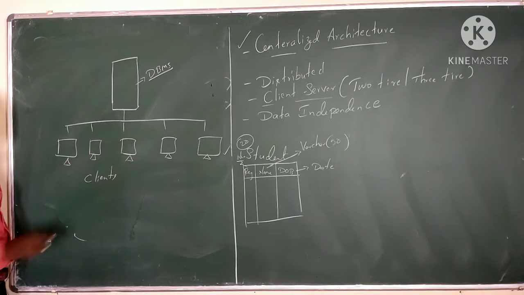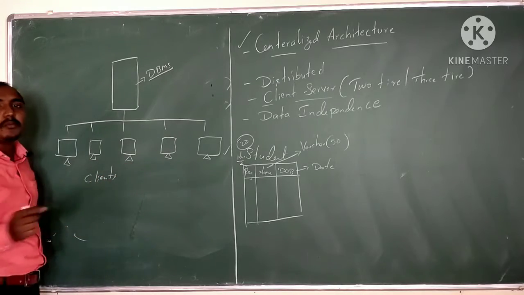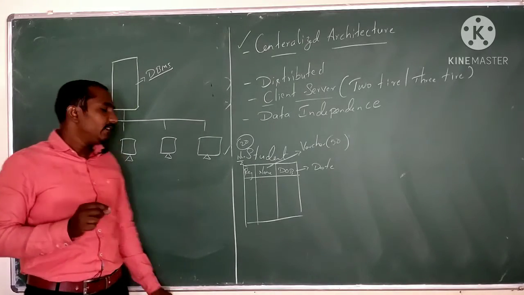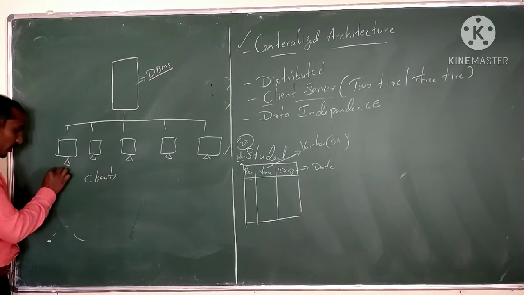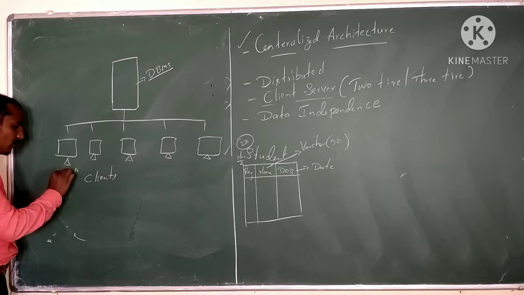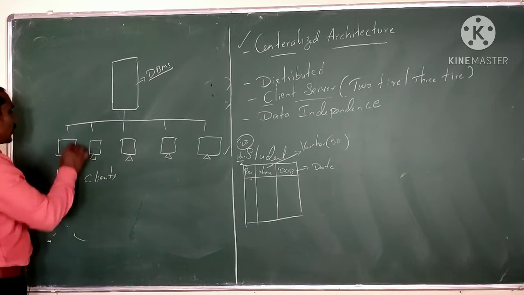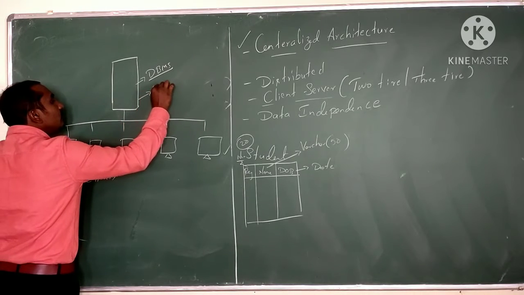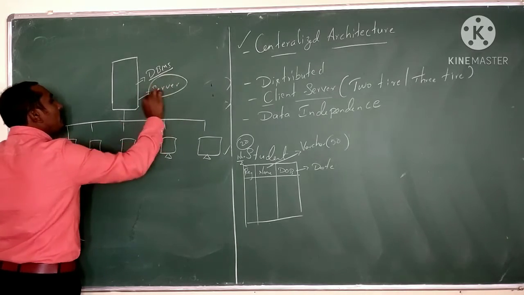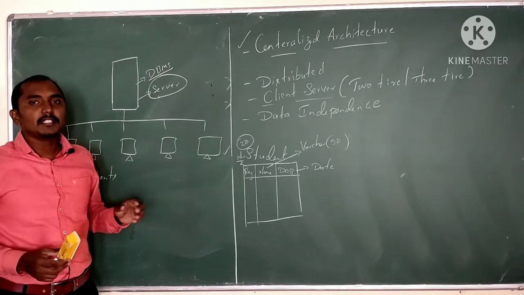These act as clients, in the sense that these devices do not have any memory or their own operating system. They have their own input devices like keyboard and mouse, and their own output device, which is the monitor. These devices are connected to one single server, which contains the database management application.